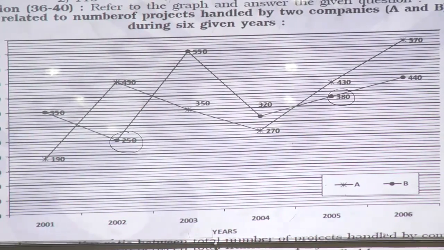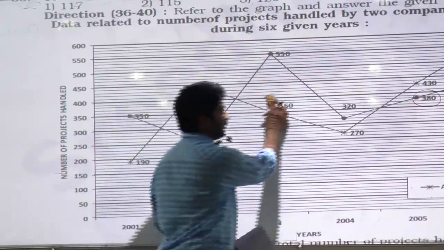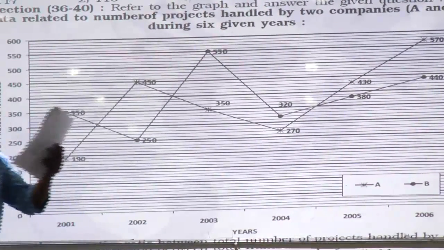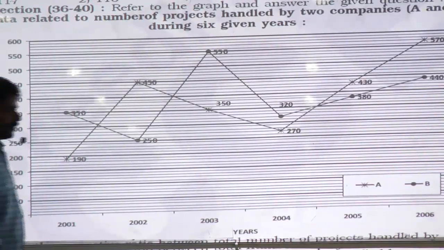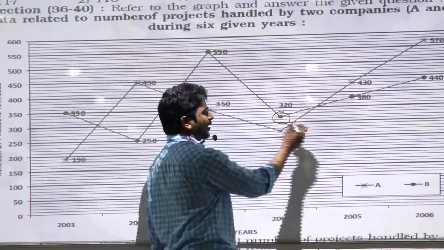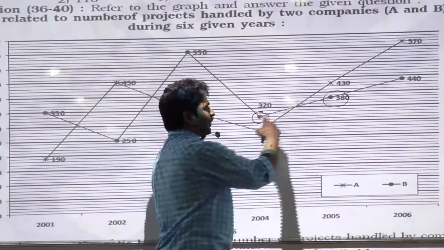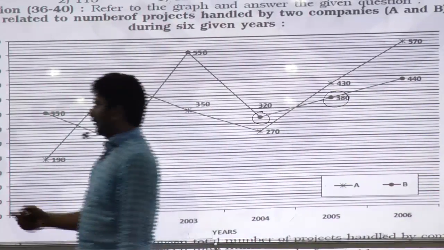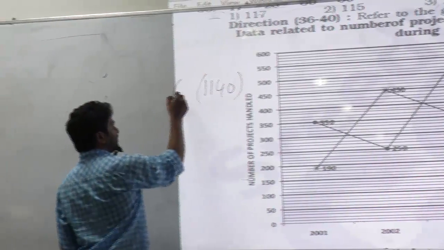So B in 2007 is 60% of the combined number of projects handled for 3 years, that is 2004, 5, 6. 4, 5, 6 in the sense last 3. For B, that is 320, 380, and 440. How much is this? 320 plus 380 is 700. 700 plus 440 is 1140. And out of 1140, you need to calculate 60%.